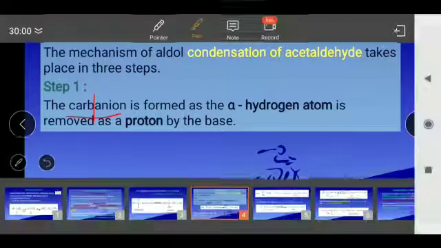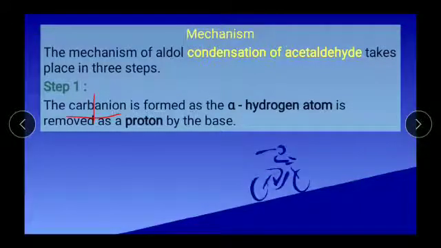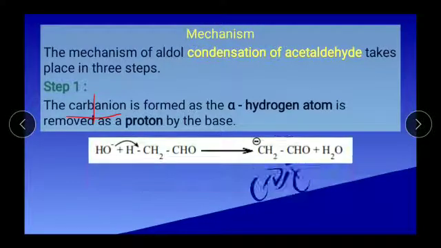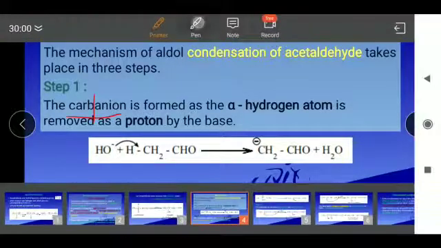How does it become an anion? As the alpha hydrogen atom is removed as a proton by the base, the carbon atom becomes an anion. I hope you remember what base we are taking in this reaction. Sodium hydroxide. From sodium hydroxide, we get OH minus.